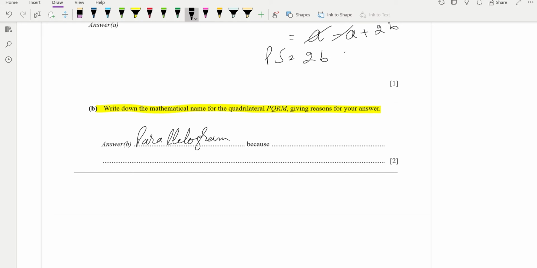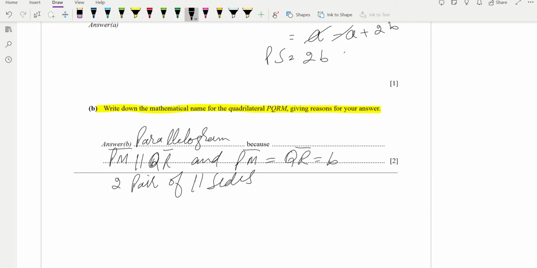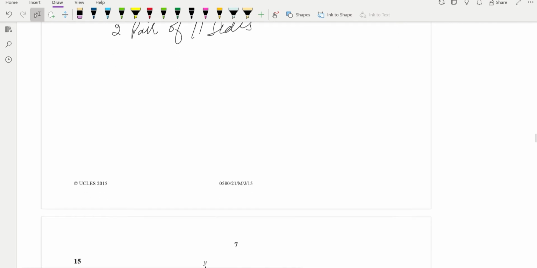And the reason is PM is parallel to QR, and PM is equal to QR, which is equal to b. Both have the same length, so two pairs of parallel sides, hence this will be a parallelogram. So this is the reason which we have provided.